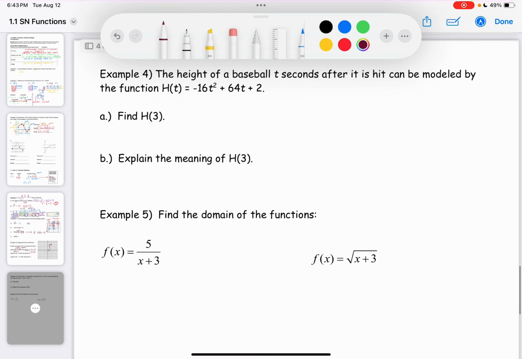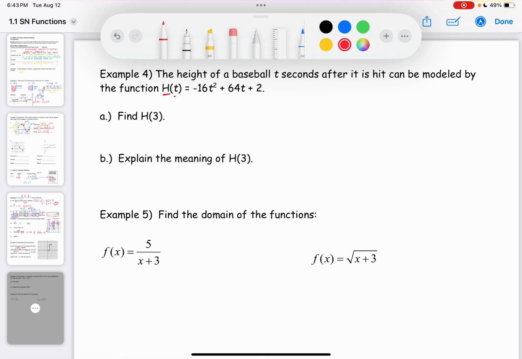All right, example number 4. If you've taken physics or are taking it right now, this will look really familiar to you in a couple months, maybe weeks. The height of a baseball, t seconds after it is hit, can be modeled by this function. So think about it, the height. So that's what this is.